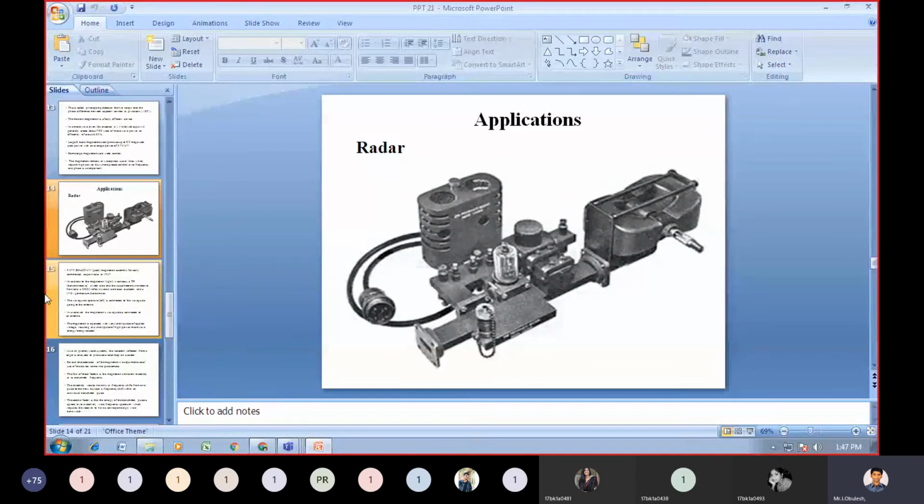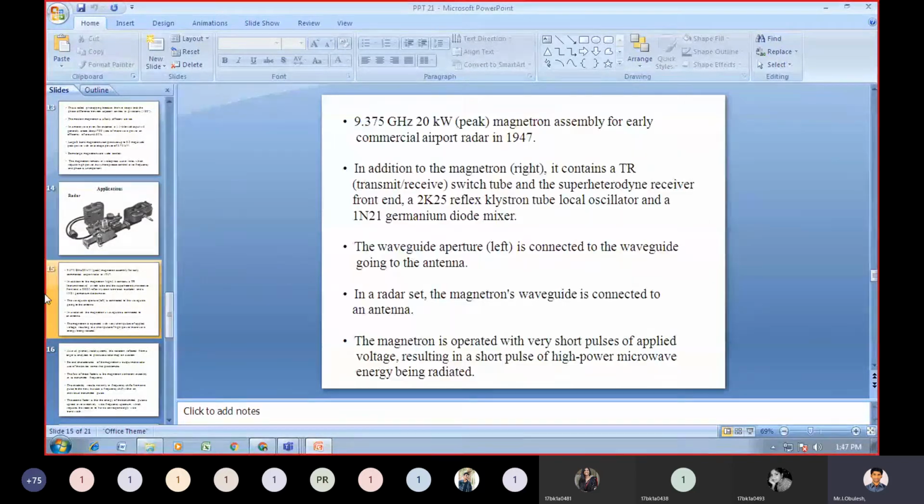In a radar set, the magnetron's waveguide is connected to an antenna.